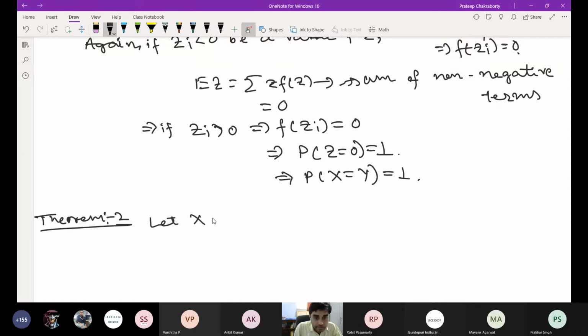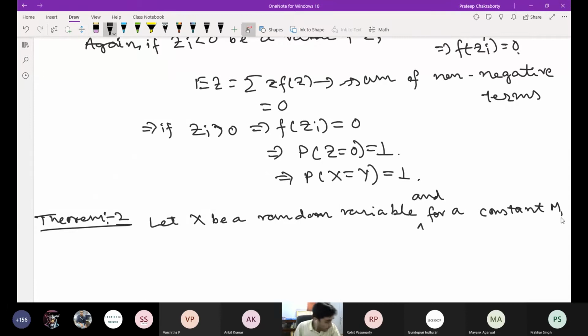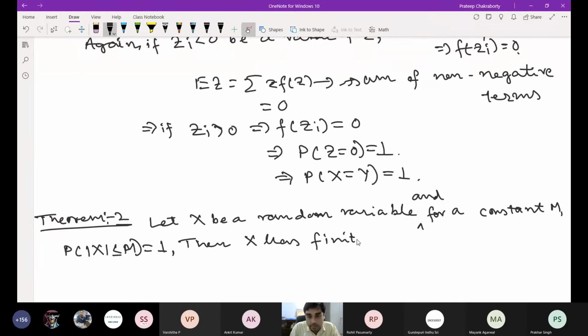Let X be a random variable and for a constant M, P(|X| ≤ M) is equal to 1, then X has finite expectation and |EX| is less than or equal to M.